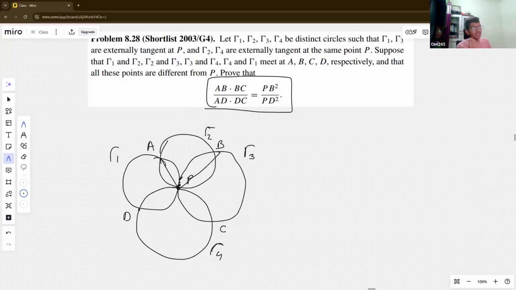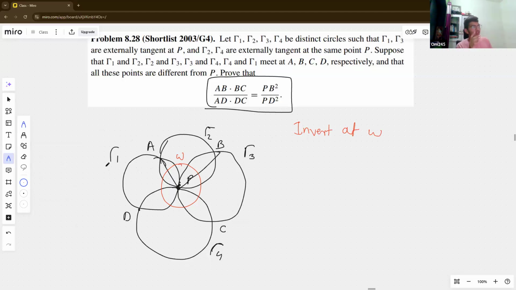We should invert at P. So consider any random circle centered at P. This is omega, and now you invert at omega. Now notice what will happen.